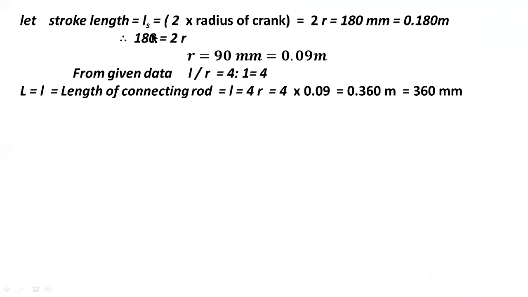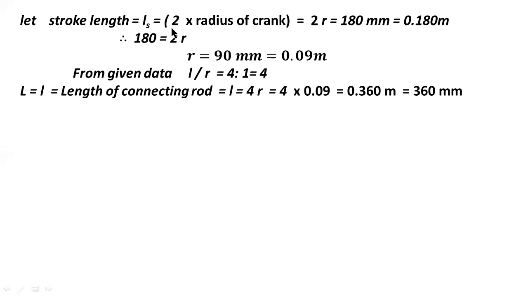In our question the stroke length is given, but I need the radius of the crank. I have to find out the value of the radius of the crank, because we already know the L by R ratio. If you know the value of R, then you will get the value of the length of the connecting rod. So first of all you have to find out the value of the radius of the crank.